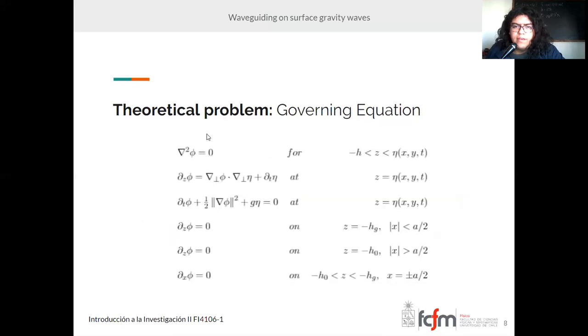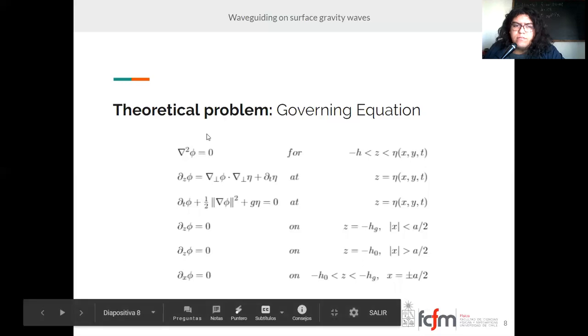So now I am interested in what happens when we consider the nonlinear terms. But as I said before, this is so complicated, so for that reason, we will make some approximations.